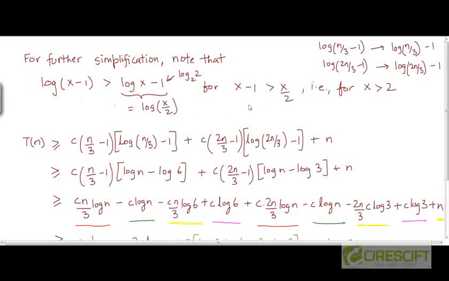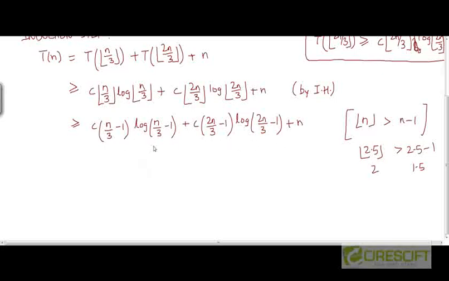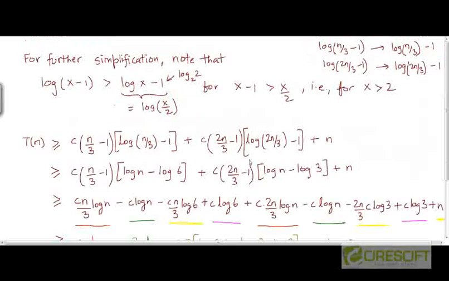So, since we are replacing these values by something smaller now, we can say that we have further reduced the value of this expression into this expression. Now, log of n by 3 minus 1 is nothing but log of n by 3 minus log of 2, because log of 2 is 1.